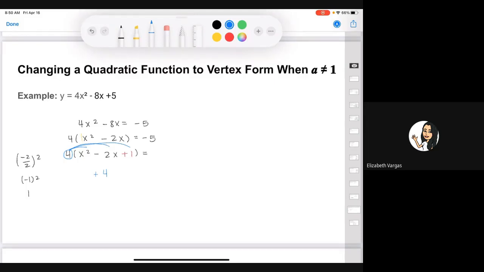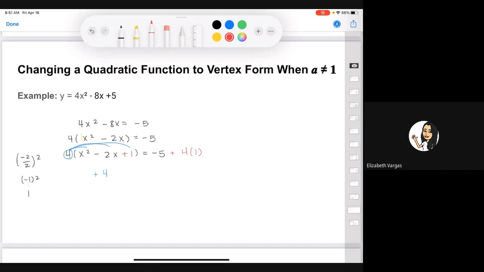So whenever I take it to the other side, I want to make sure I'm adding that same amount back in. So I can either add 4 times 1, or I can actually add that 4 in. But in this instance, you will have to add 4 to the other side, because in reality, you are adding 4 to this side to complete the square.